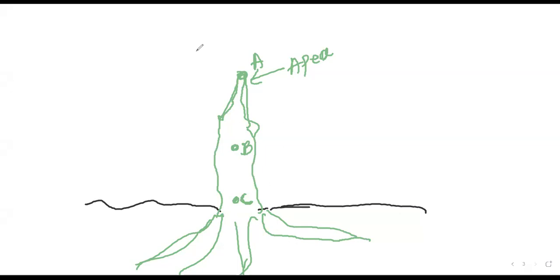The apex, A. Okay. What about Upeka's idea? Sir, you're asking where it starts to grow? No, not that. I'm asking where would it result in the growth of the plant? Sir, C. Okay. Perfect.